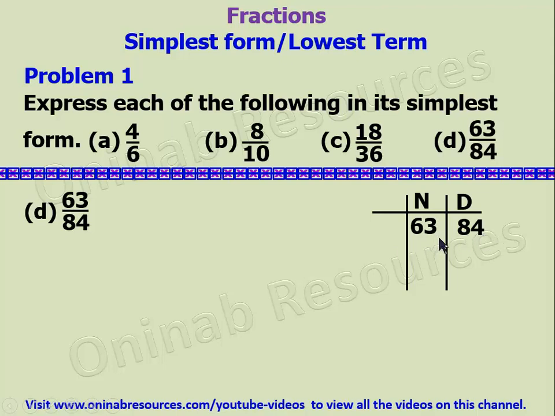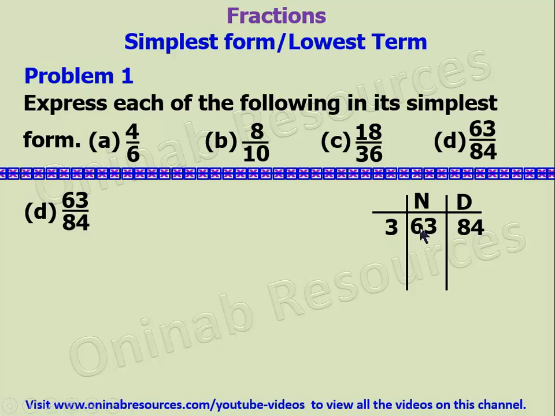So we can start from the smallest number. 63, 6 plus 3 gives 9. Yeah, so it's divisible by 3. 8 plus 4 gives 12, so it's divisible by 3. Therefore we start with 3.